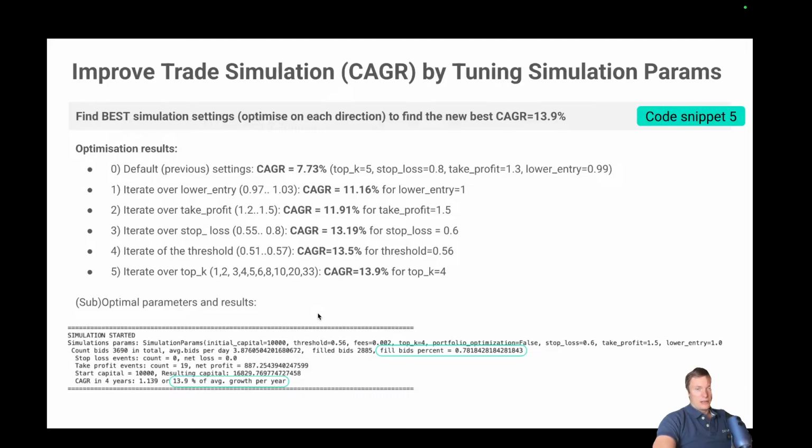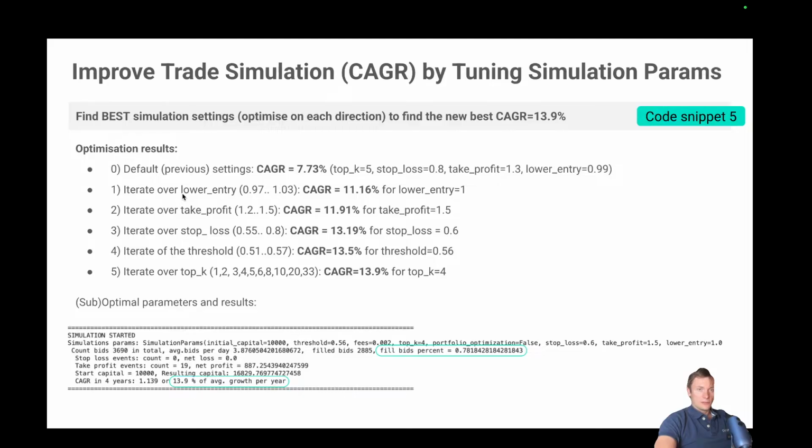So here what I had, first initially 7.7% on random forest, maximum 5 trades, stop loss minus 20% or 0.8, take profit 1.3, and lower entry 0.99.